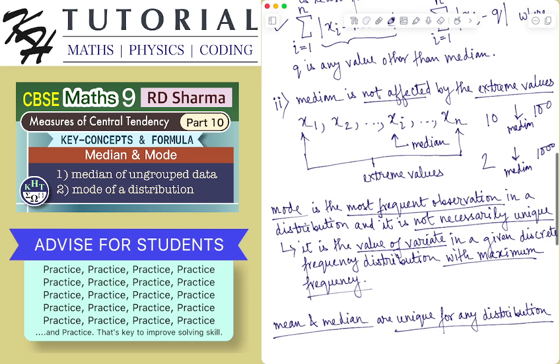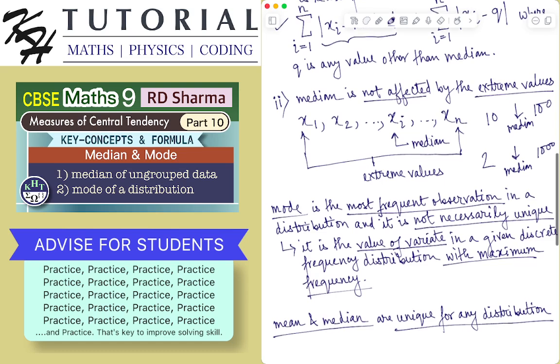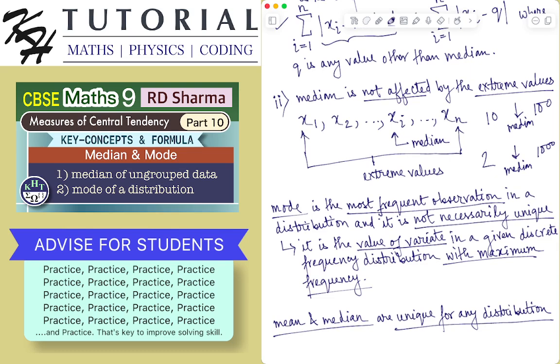For median we find it for raw data or ungrouped distribution, and for a mode, if you are given raw data, we usually create the discrete frequency distribution, and from it we locate the maximum frequency, and the value corresponding to the maximum frequency is the mode. So that is all for this video.